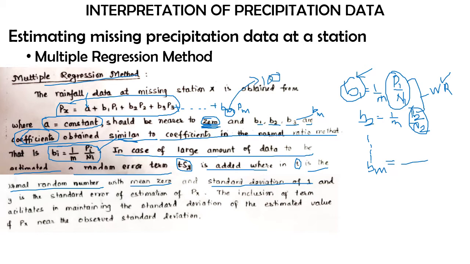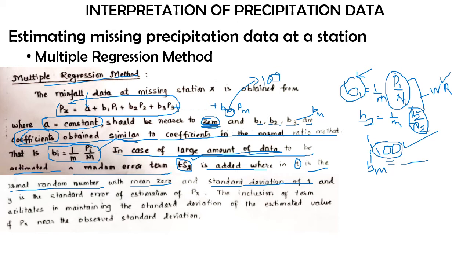At that point of time you need to calculate these B values continuously for 100 individual times, and it will take a lot of time. So whenever a large amount of data needs to be processed, we are going to introduce a term called TSY.